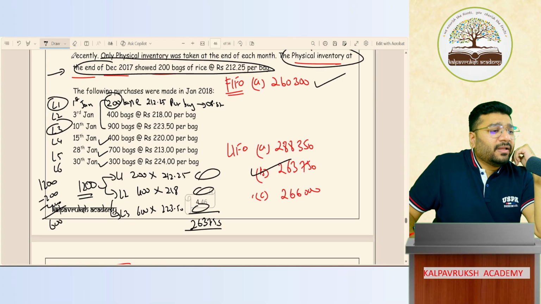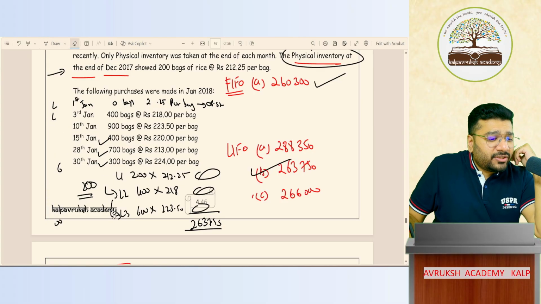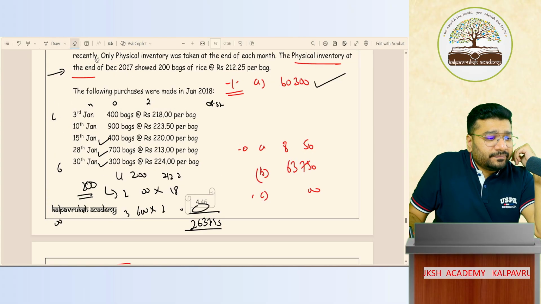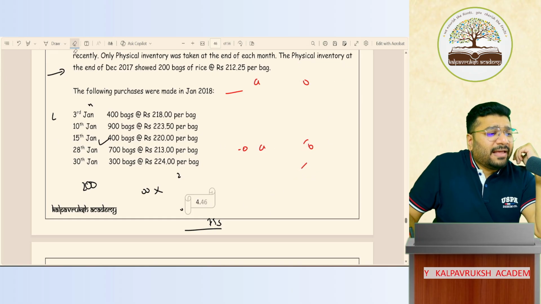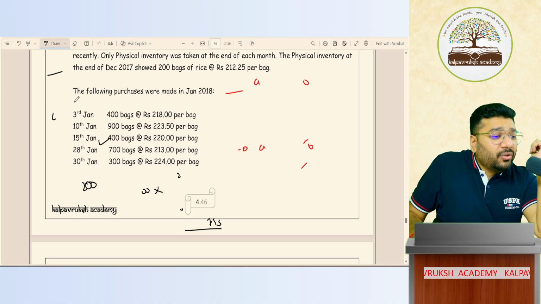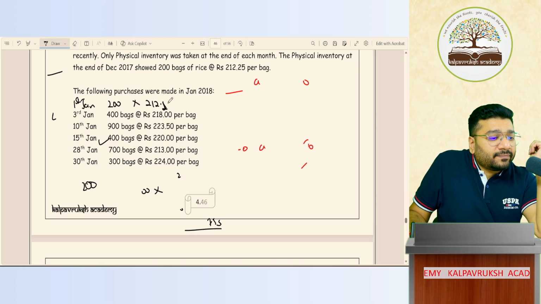Now weighted average. How to do weighted average? Tell fast. How will you do it? Do not forget to take the opening value. So first Jan opening, how much? 200 into 212.25.